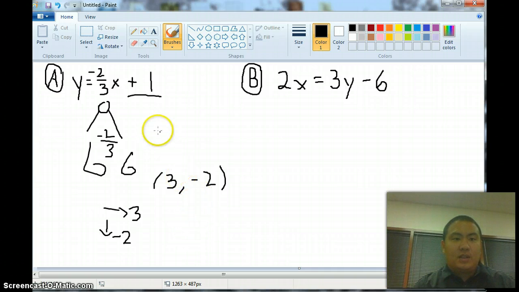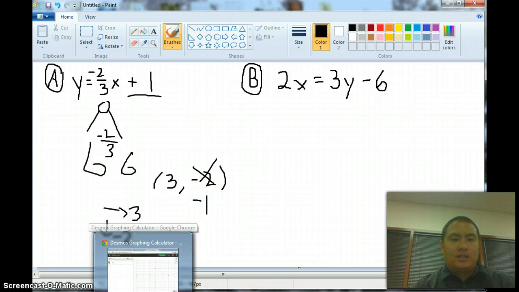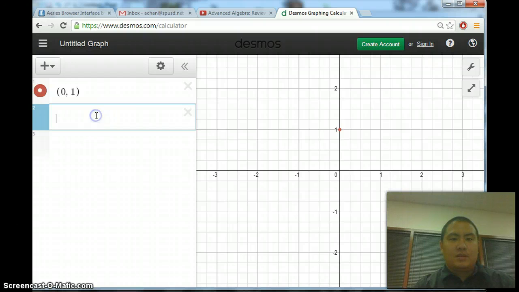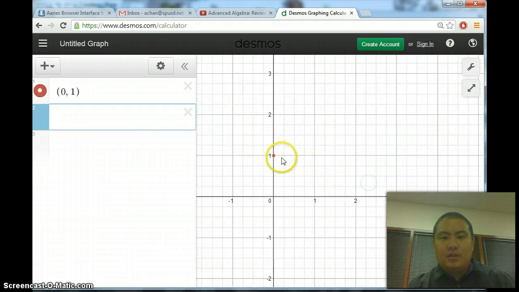But we also have to account for the fact that we started at plus 1, so we have to add 1 here. Let me show you on Desmos. It's a lot easier when it's not on Desmos. Essentially we went 3 to the right, 1, 2, 3, and then down 2, 1, 2.